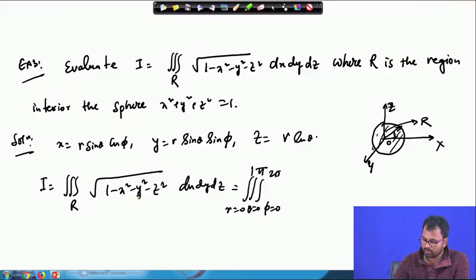So, what we can do is impose conditions like x greater or equal to 0, y greater or equal to 0, and z greater or equal to 0.